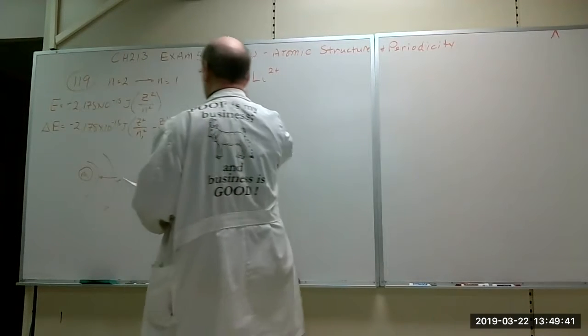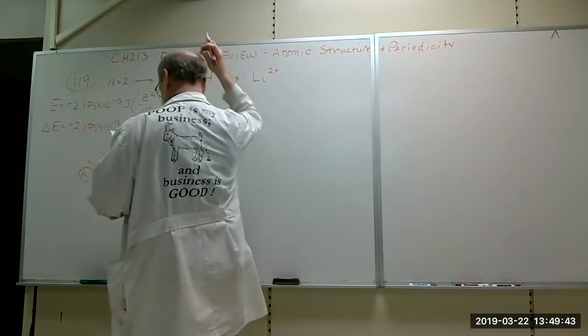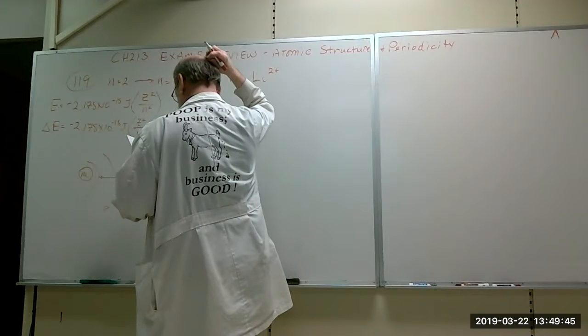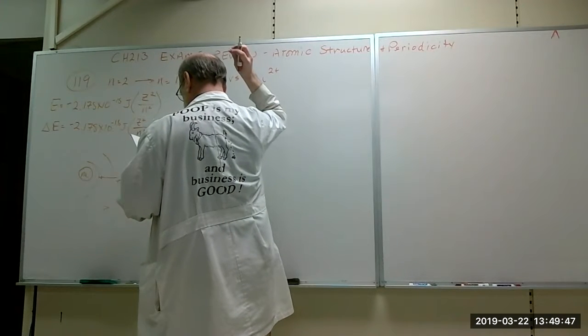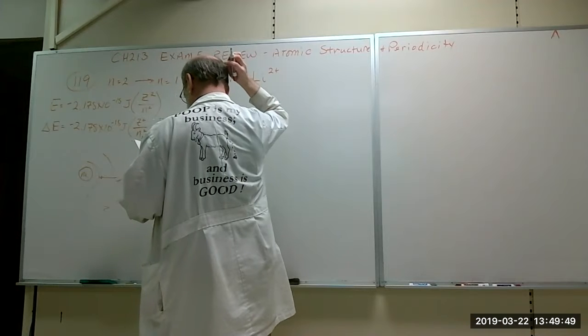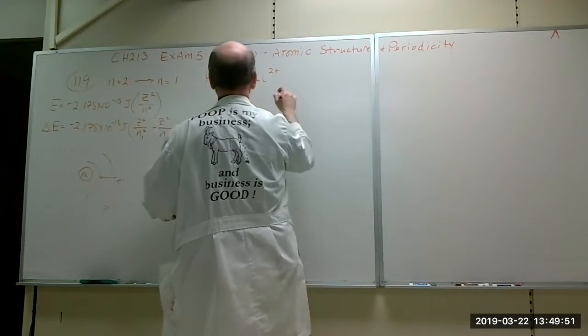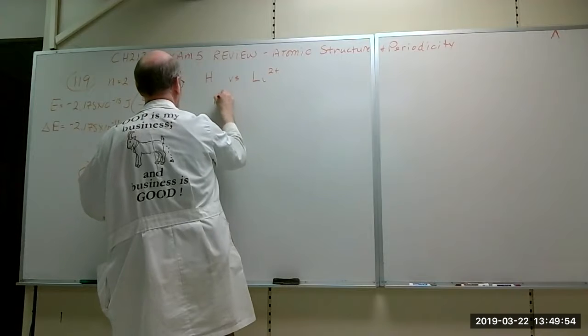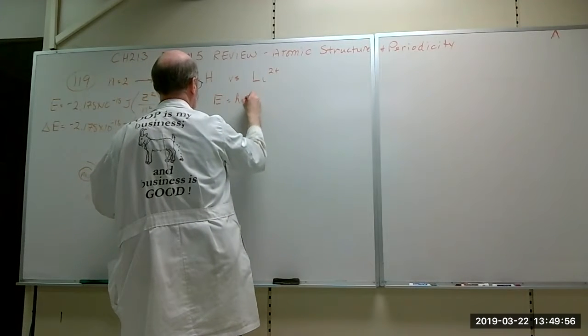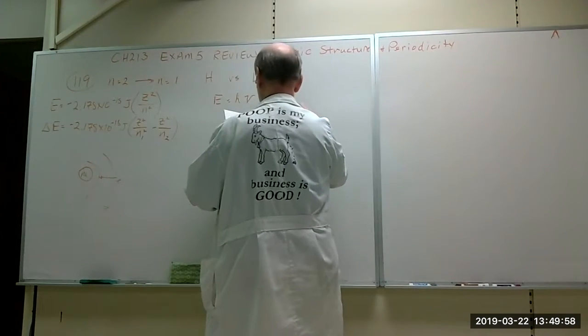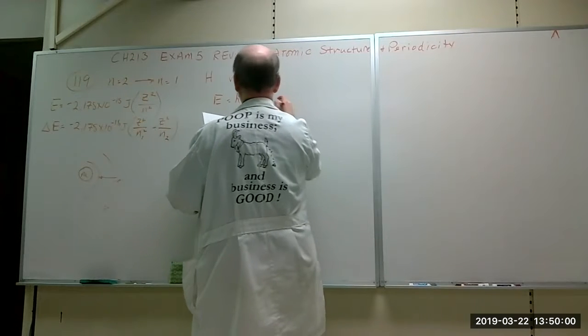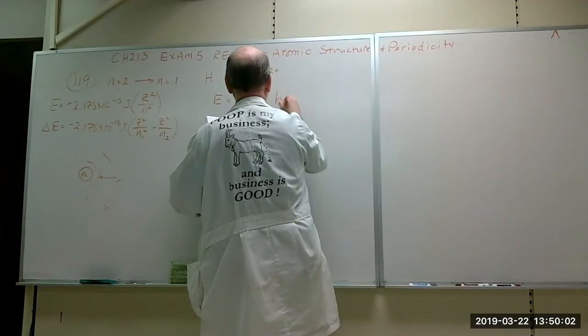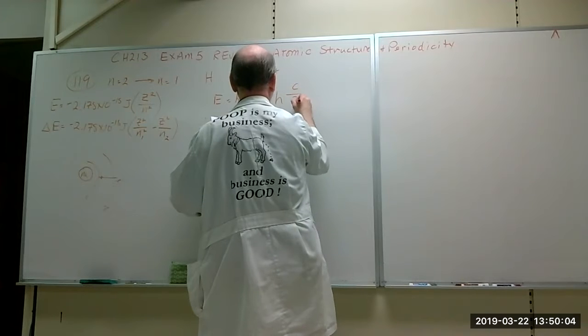Right. So we're also going to require the conversion of, let's see, energy of a photon equals h nu, and that's also h c over lambda.